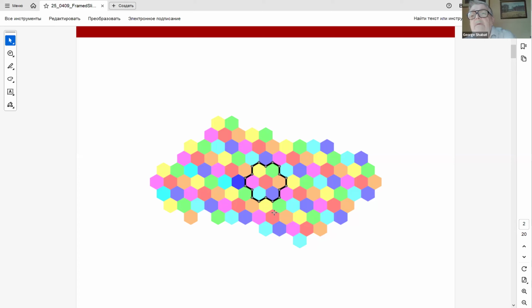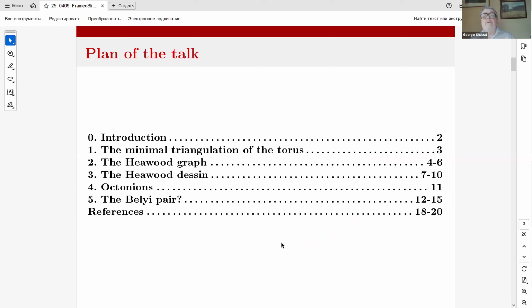Unfortunately, I was unable to cover by pictures everything that is related to the mathematical content, but I did it in several cases. So this is the plan.